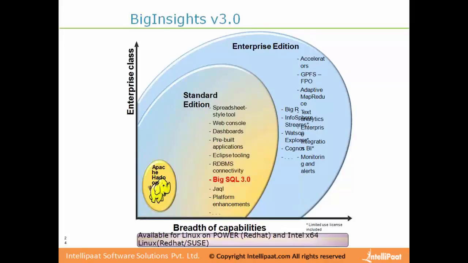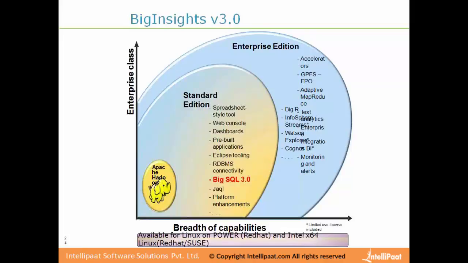If a business user who doesn't know the language and doesn't want to learn it wants to generate a report from the data, they can use something like an Excel sheet. In the same way, IBM provided BigSheets. You can import the data into BigSheets and generate a report.